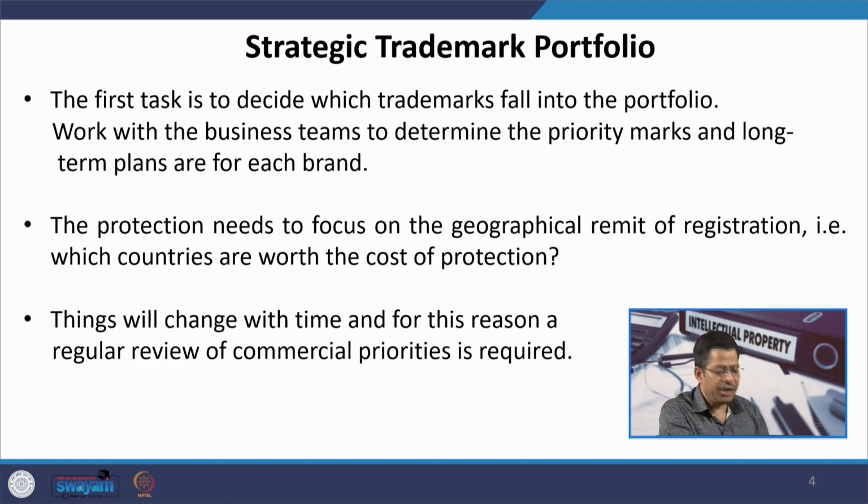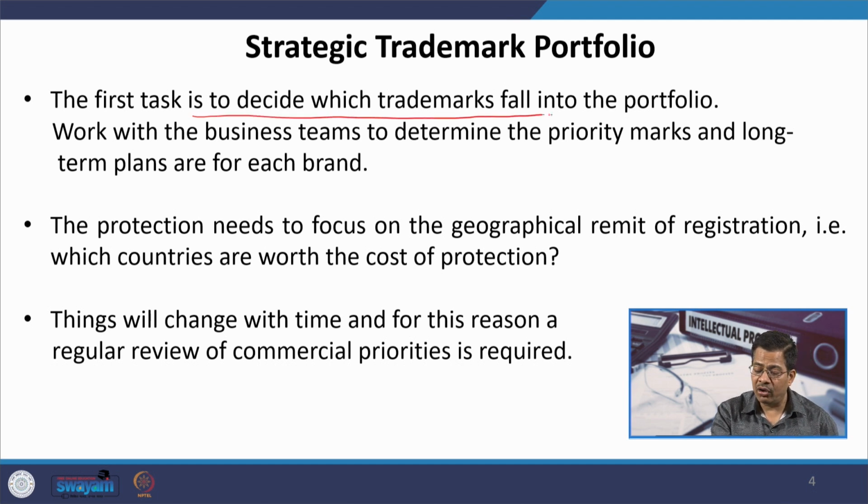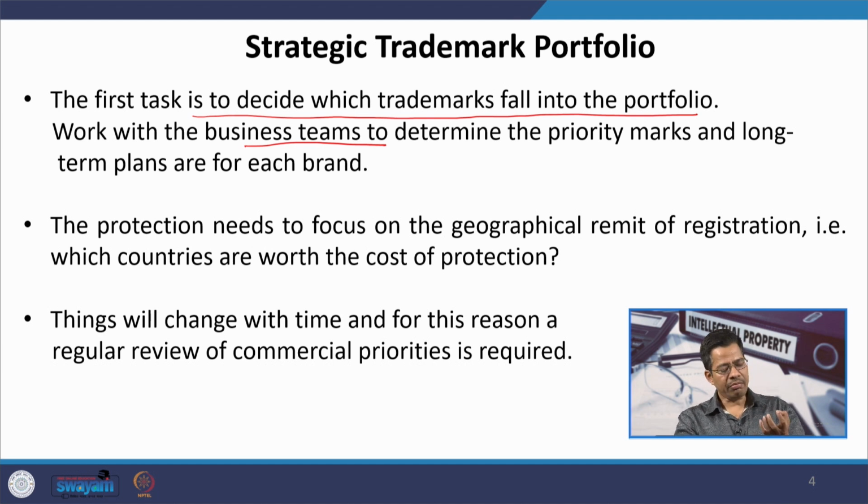Now, we need to make one strategic attempt with respect to our trademark portfolio. The first important thing is to decide which trademarks fall into the portfolio. Where you have some kind of business interest, those trademarks will be part of your trademark portfolio, and for that purpose the IP team and the creative team need to work with the business team of your organization, so that you understand which brand we want to promote in future and what long term expectations we have from these brands.